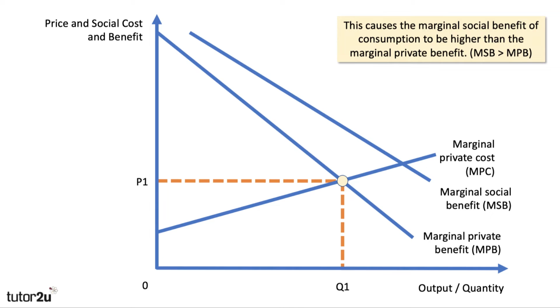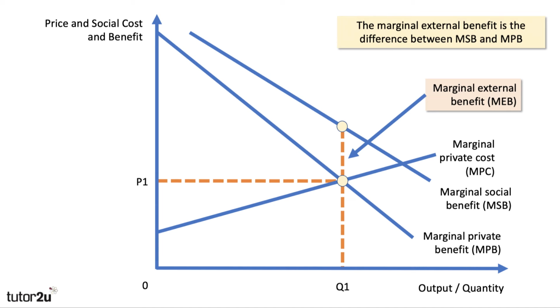So I've drawn here marginal social benefit as higher than marginal private benefit, and the marginal external benefit is the vertical distance between those two curves. One way of thinking about this is that marginal social benefit, MSB, that's the ideal demand from society's point of view, whereas marginal private benefit, MPB, well, that's the actual demand, if you like, from the consumer.